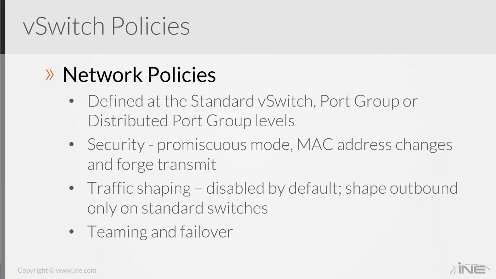Policies that are set at the vSwitch level would apply to all ports on that particular vSwitch, unless they are specifically overwritten by policies applied at the port group level. This would be ideal in cases where we want to set a strong policy at the vSwitch level, but a weaker policy at the port group level, for example.